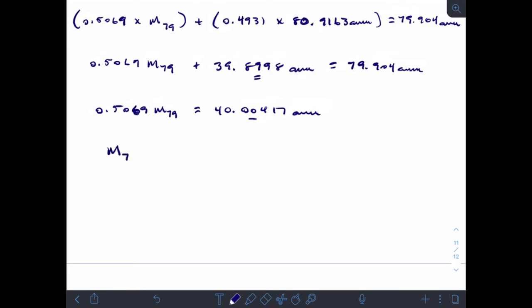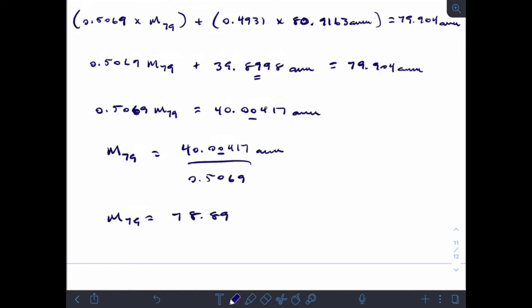So our mass of bromine 79 equals 40.00417 AMU divided by 0.5069. So the mass of bromine 79 will be 78.89 AMU and is 50.69% abundant.